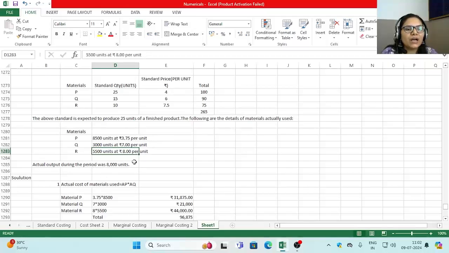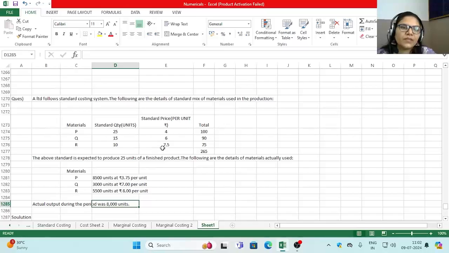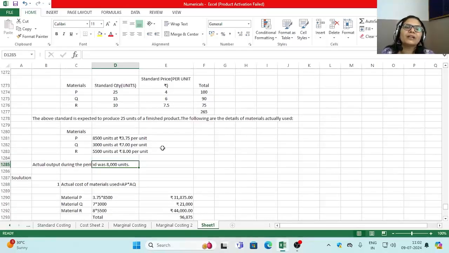And the actual output, which is composed of all these three materials, is 8,000 units. Now you have to calculate variances.